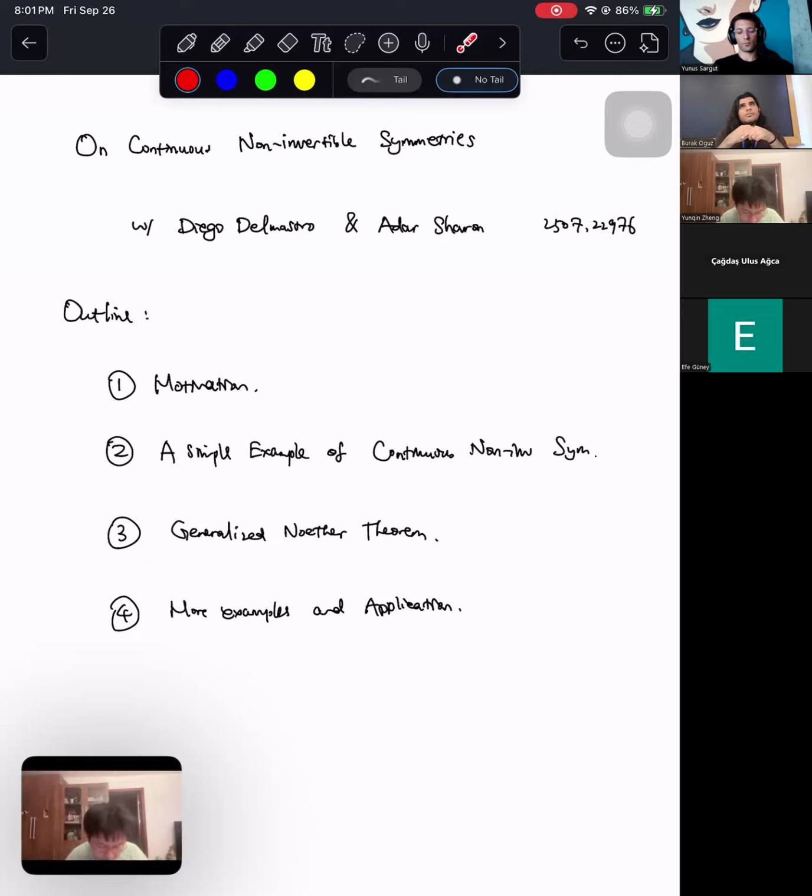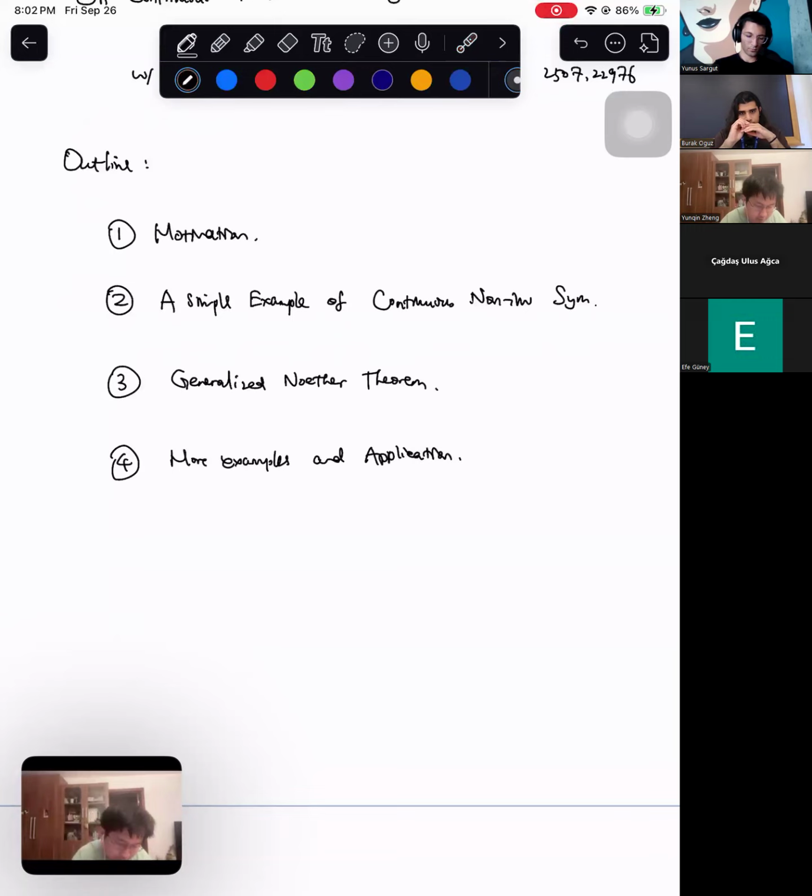And then I'm going to discuss a generalized version of the Noether theorem, which allows us to find new examples beyond this type of example. And then I'm going to use this generalized Noether theorem to find more, more non-trivial examples, and possibly I'll have time to discuss one application for that. Okay, so this is the outline.